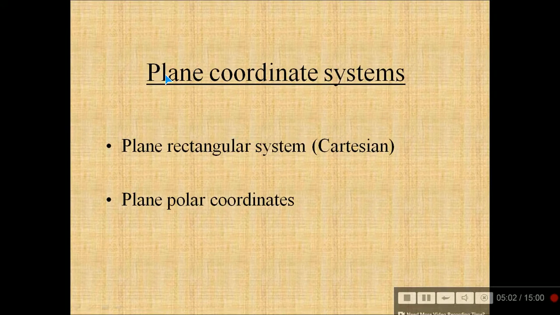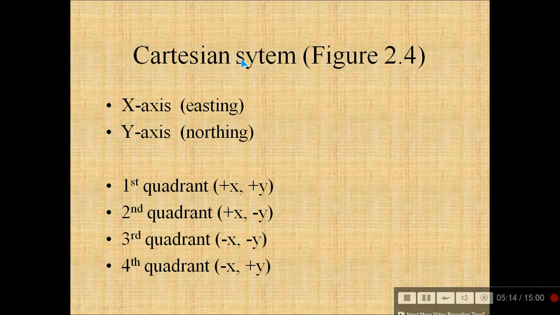Then coming to plane coordinate systems: plane rectangular systems like Cartesian XY, and plane polar coordinates, which are r cos theta, r sin theta type of polar coordinates. Then the Cartesian system: x-axis, easting, y-axis, northing. The figure is somewhat like this, x and y, first quadrant, second quadrant, as we learned in our earlier mathematics classes.